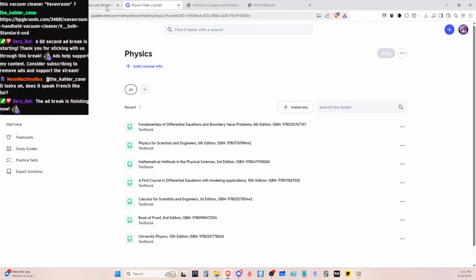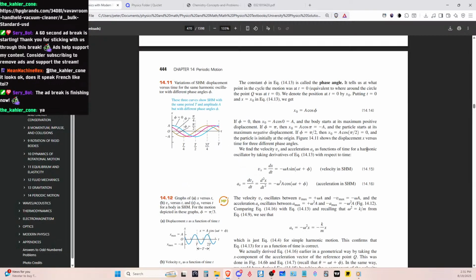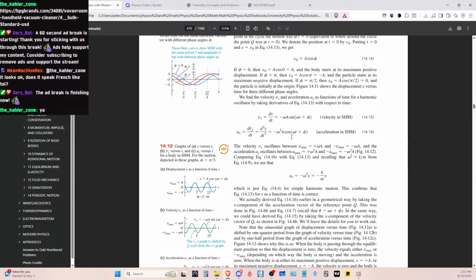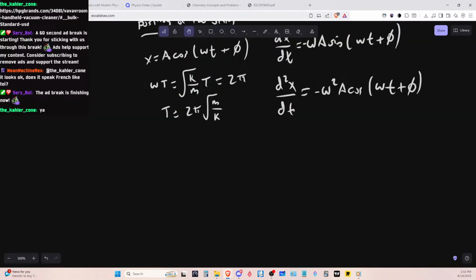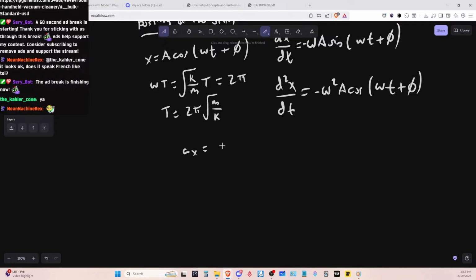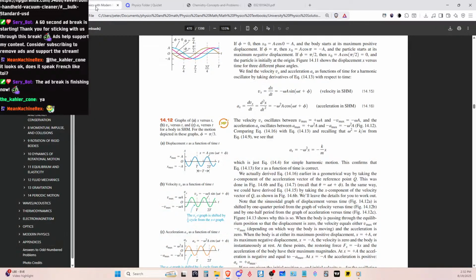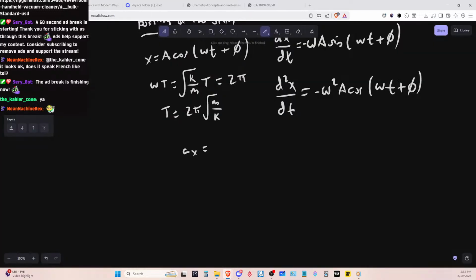Okay, so, alright, so acceleration. Oh, okay, so this might be a good formula to remember too, because we're given the acceleration of x here as minus k over m times x. I like when equations just pop out because it looks really cool to me.